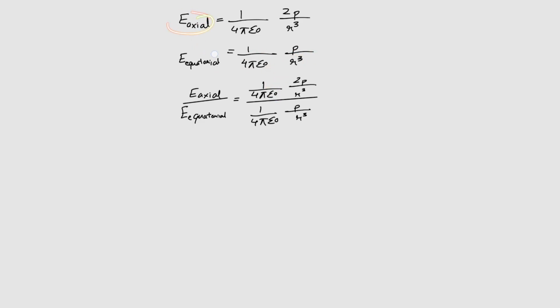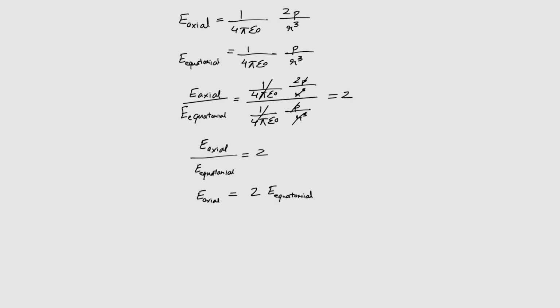Dividing E axial by E equatorial, r cube cancels, p cancels, and we are left with 2. So E axial is equal to 2 times the electric field on the equatorial line.